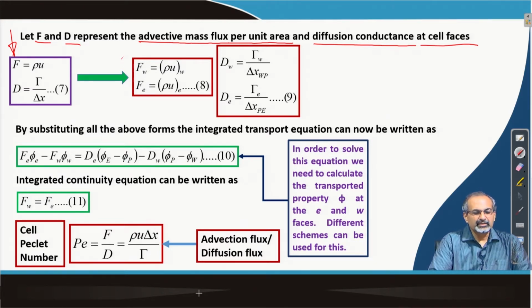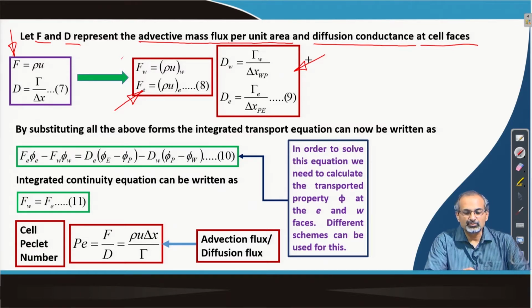You can check easily that both of them yield the same kind of dimensions. Then you define the advective fluxes at the interfaces E and W as F_w and F_e, and similarly the diffusive flux conductances at the same interfaces with formulas 8 and 9.